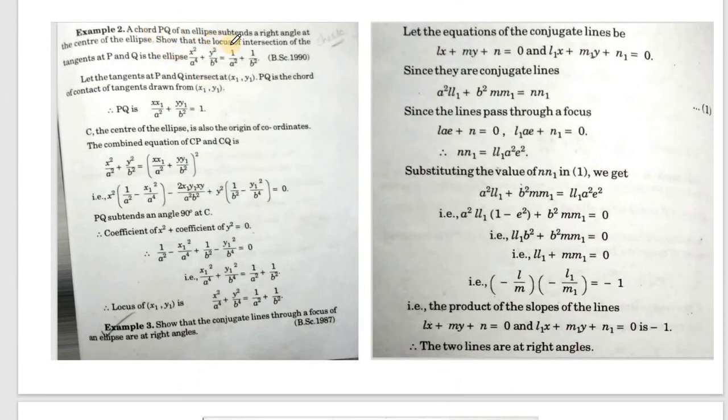Now a chord PQ of an ellipse subtends a right angle at the center of the ellipse. That is given to us. Then we are asked to show that the locus of intersection of the tangents at P and Q is some other ellipse. So we are given an ellipse, and we are going to consider a chord PQ and the tangents at this and this point.